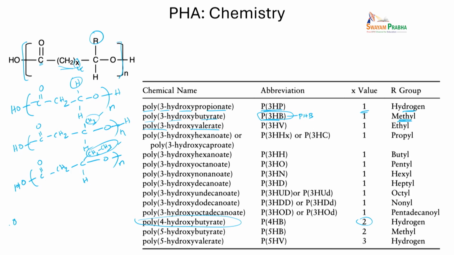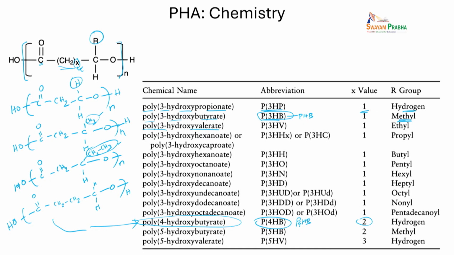So let me write this here. Here you have 2 repeating units of CH2 CH2. So this is called P4HB.